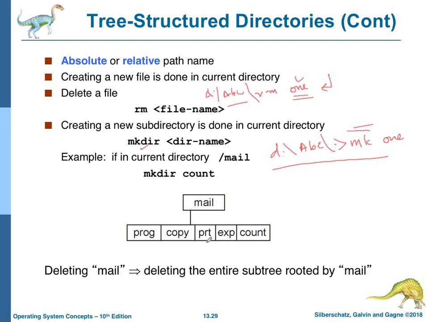If you are in the mail directory and you create a count directory, it will be available inside the mail directory. While deleting a directory deletes all the subdirectories and all the files inside the directory. For example, this might have some files, this might have some files, so every directory might have some files. And if I delete this mail directory, then I will delete all of the files inside the directory.